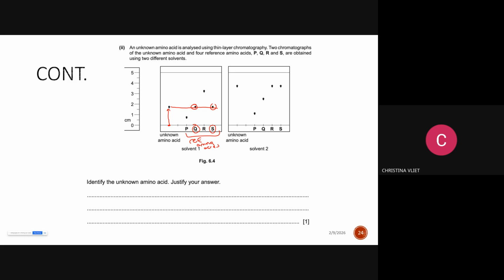They just travel different distances. So where does the unknown amino acid fall for solvent 2? R, S, right? So both of them identify that it is S. So the answer is S, because it matches both solvents.